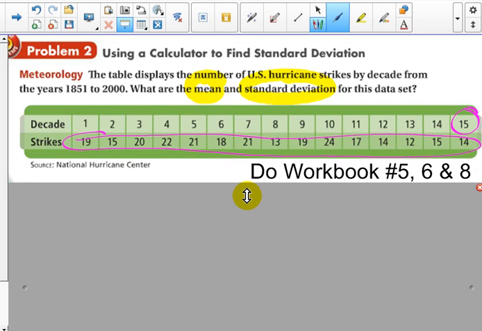And there they are. So there's your N items is 15. X bar is 17.6. And let's go down and find sigma X. There it is. There's your standard deviation, about 3.5.